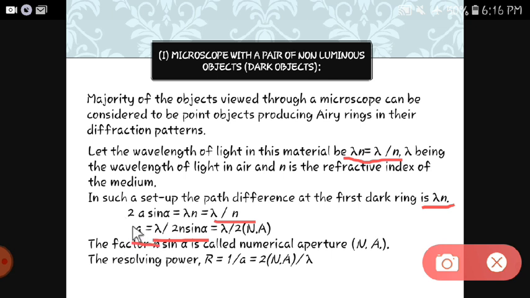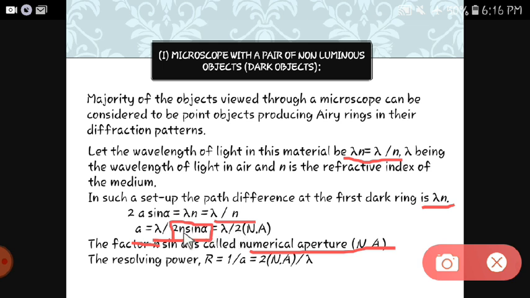This term, 2n sine alpha, as 2 is constant, we are going to separate out 2 and n sine alpha, and that n sine alpha is called the numerical aperture. That term is known as numerical aperture.